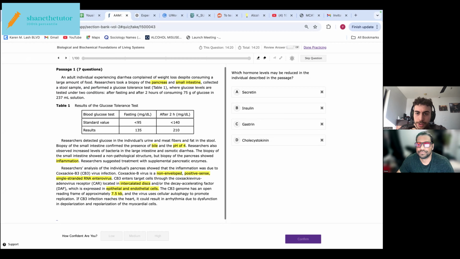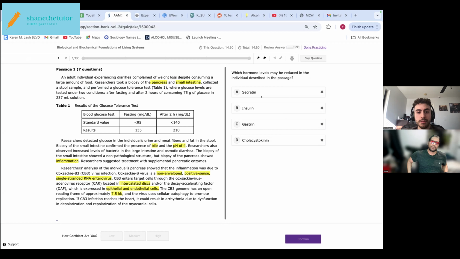Okay, it says which hormone levels may be reduced in the individual described in the passage. So he has high blood glucose, which means you have high insulin. So I don't think insulin would be... Well, what does insulin do?